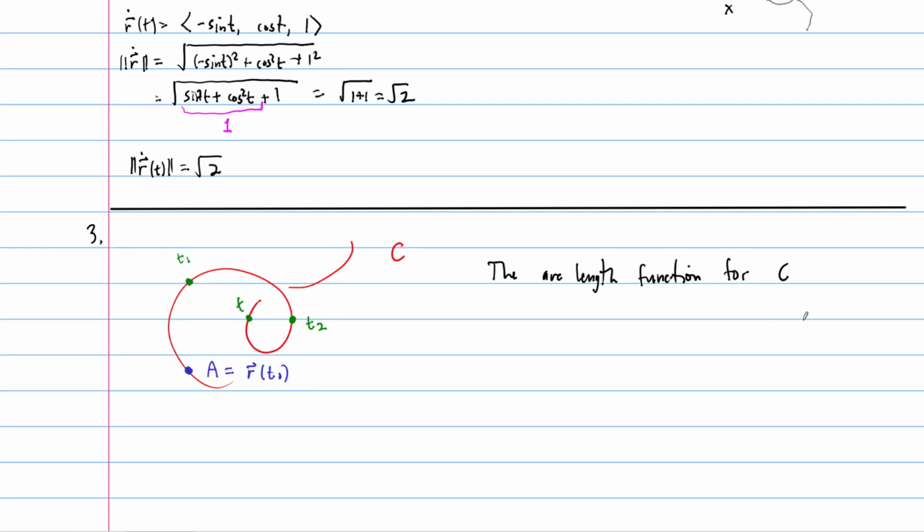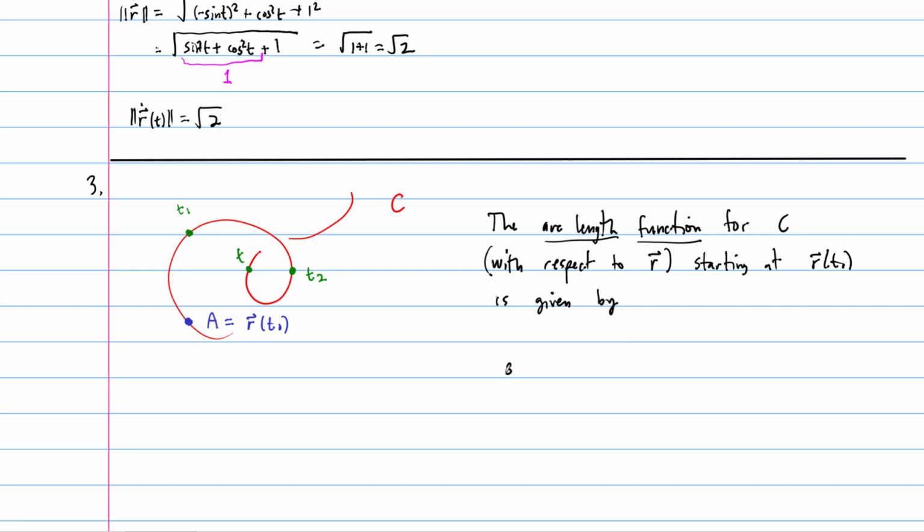So it's the arc length function for C with respect to r. It's kind of a weird way to say it, but the arc length function is the key. That's what we're going to define, starting at r of t0, is given by this formula. So it's going to be s of t.